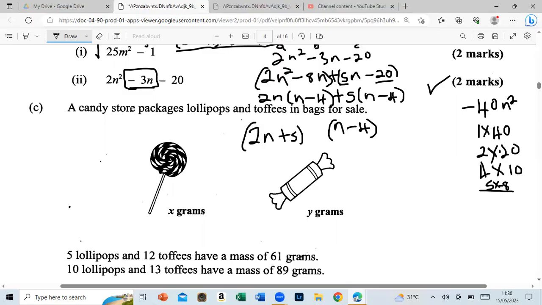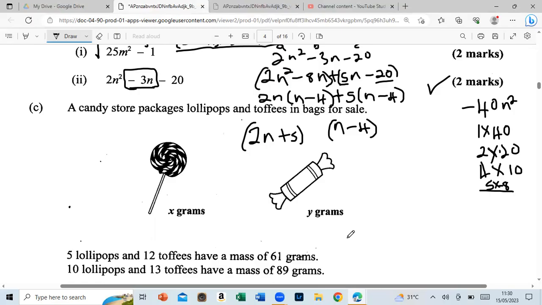Alright, so let's look at C. It says a candy store packages lollipops and toffee in bags for sale. So I am assuming that this is the lollipop and these are the toffee. So X grams, Y grams. So it says 5 lollipops and 12 toffees have a mass of 61 grams. 10 lollipops and 13 toffees have a mass of 89 grams.